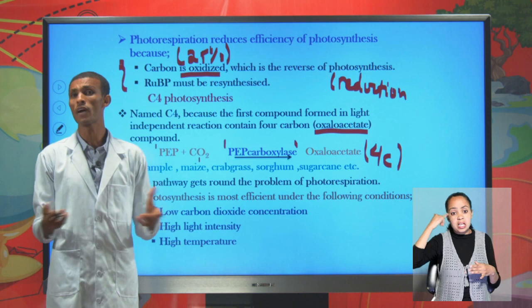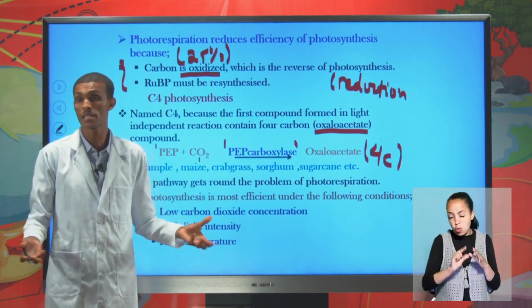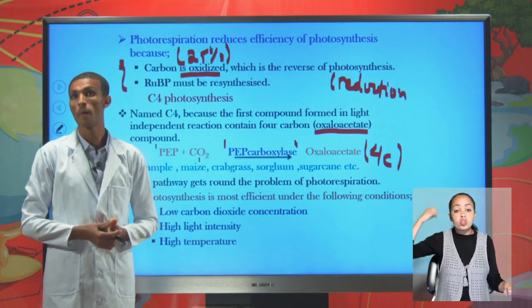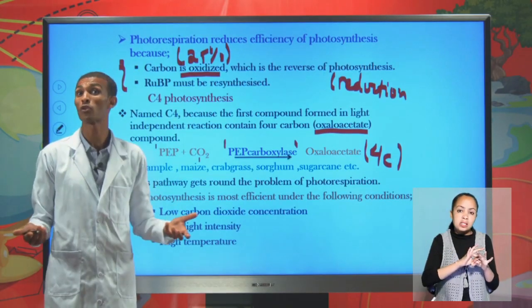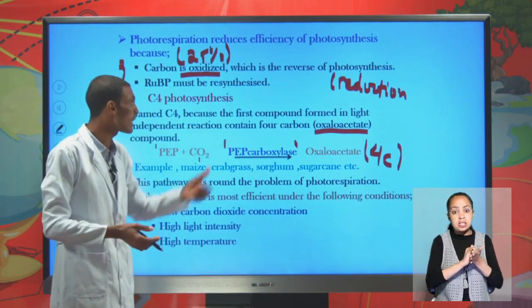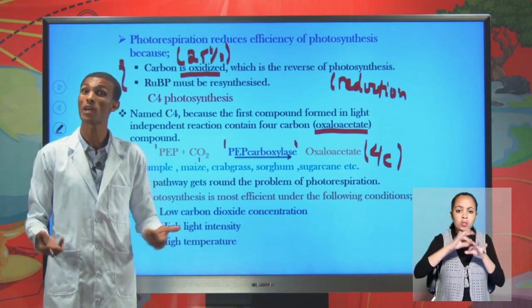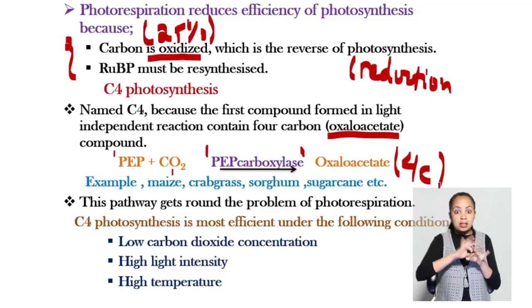If the concentration of carbon dioxide in the leaf becomes low, they can still carry out photosynthesis. By that, C4 plants overcome the process of photorespiration. By that, tropical plants are considered highly productive compared to C3 plants. Under the following conditions, C4 plants are very effective.